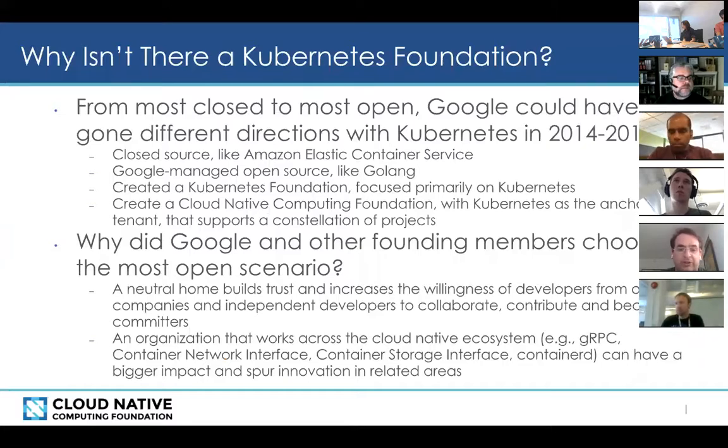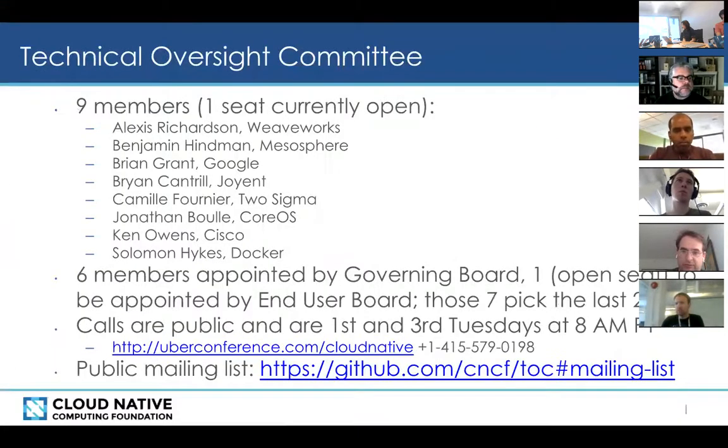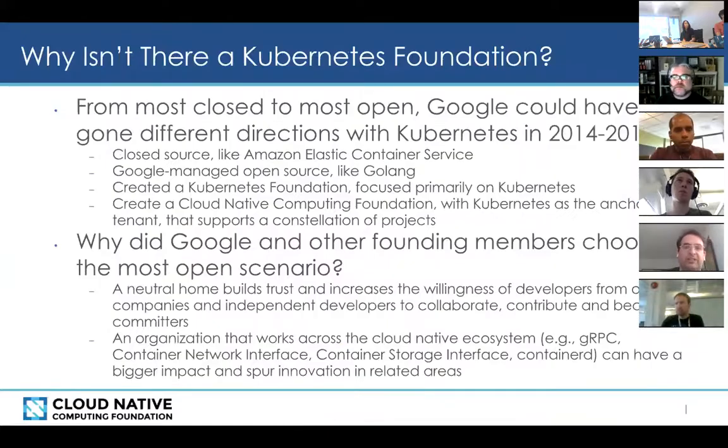So I did want to address a real specific question, though, on this next slide, number 7, of why isn't there a Kubernetes Foundation? And just quickly, when Google obviously originated Kubernetes in 2014, 2015, it was always designed to be an open source project, but at least in principle, they could have gone 4 different paths with it, from most closed to most open.